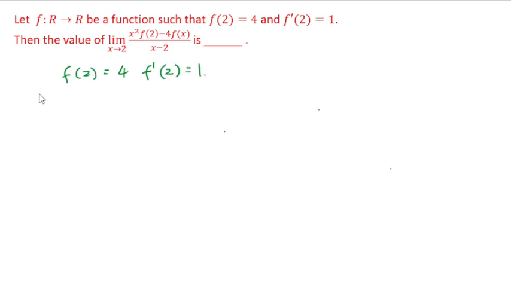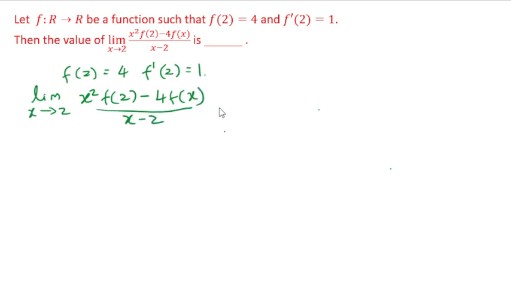So the given thing is limit x tends to 2 of x square f of 2 minus 4 times f of x over x minus 2. So we have to find the value.